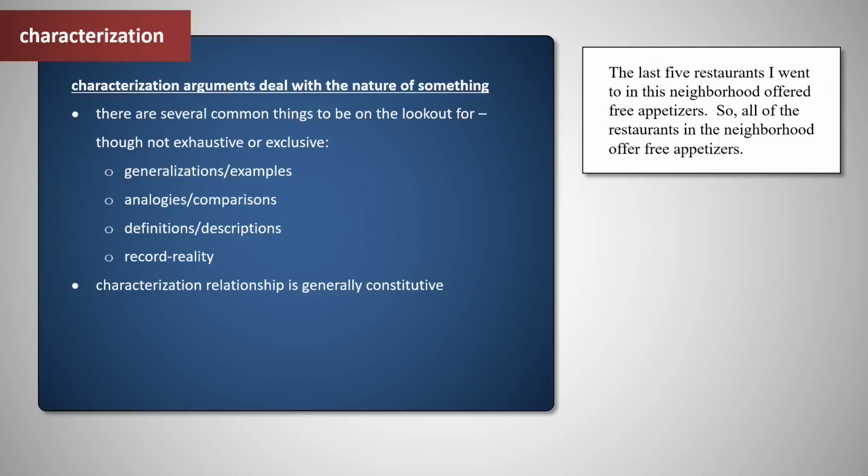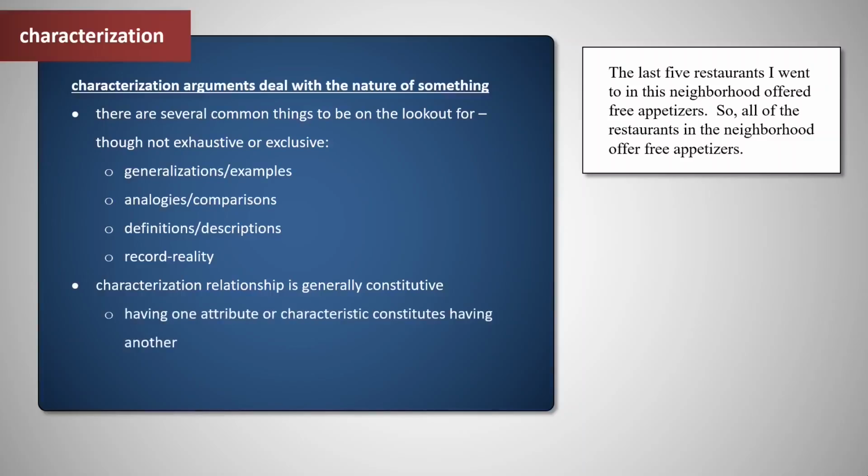When you make a generalization, you're not saying that that particular sample is causing all of the rest of the elements in the group to have that characteristic. It's that this sample counts as an example of all of the restaurants having free appetizers. So it's generally not going to be a causal process in the actual premises and conclusion, because having one attribute or characteristic generally constitutes having another.